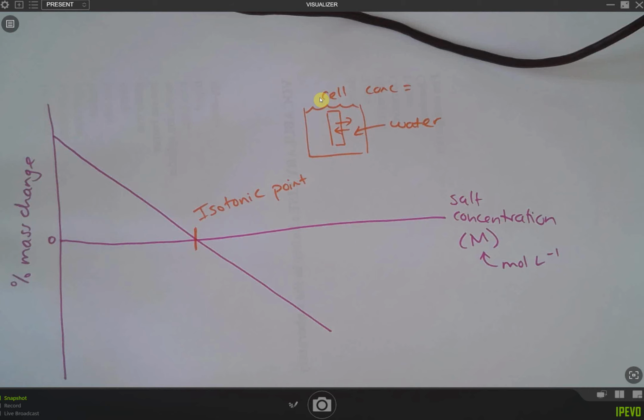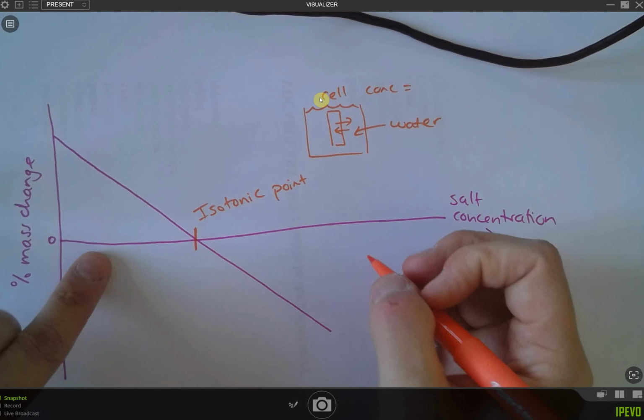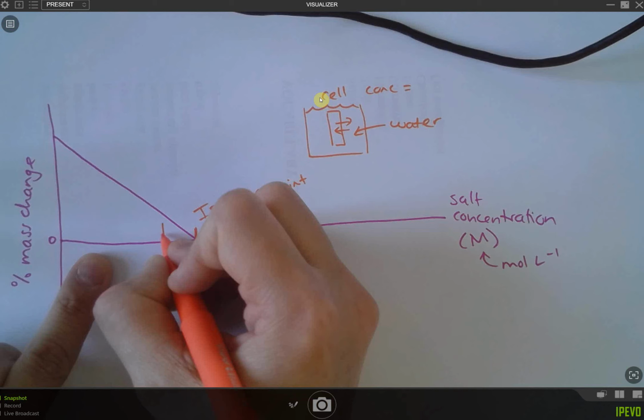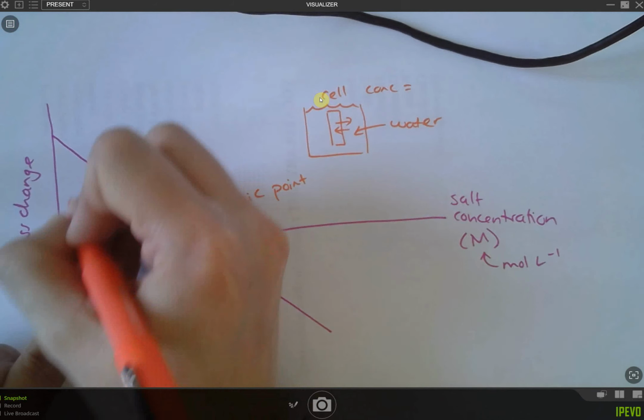All right. What I want you guys to notice with this trend is that before the isotonic point, we notice an increase in mass.